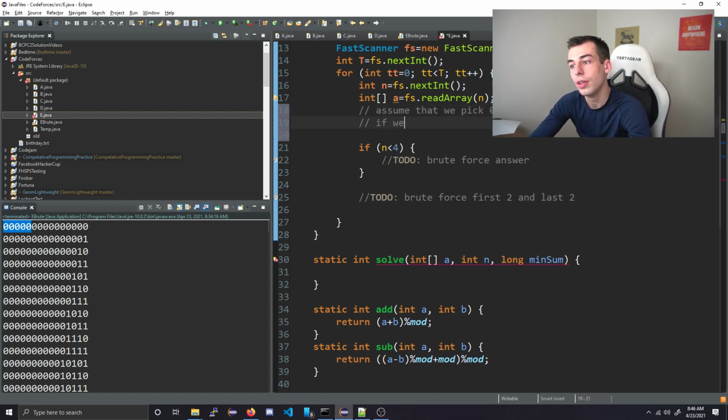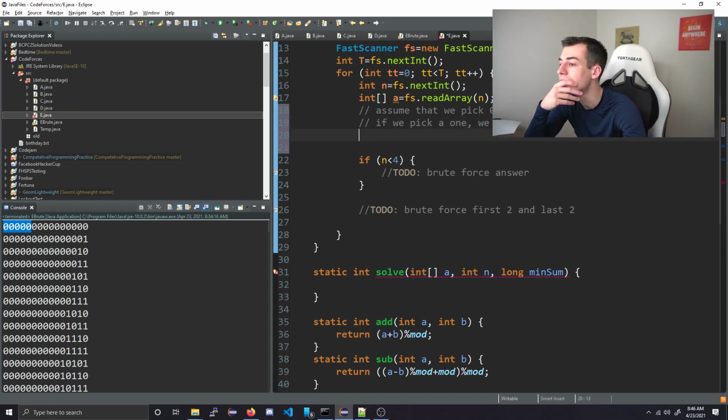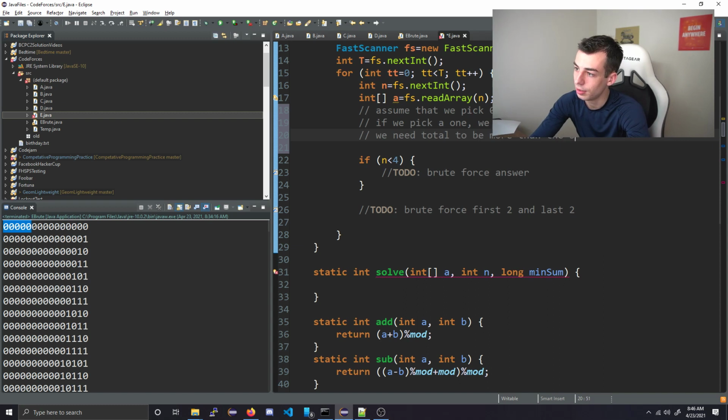Then if we pick a 1, we get 2x the points. And then we need our total to be more than the sum of the array values.